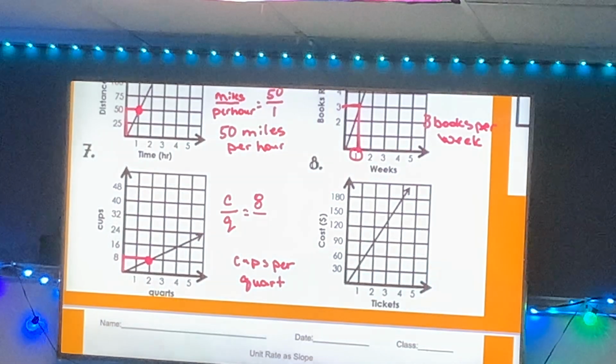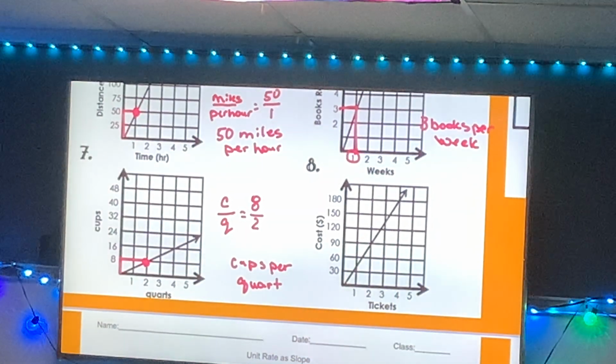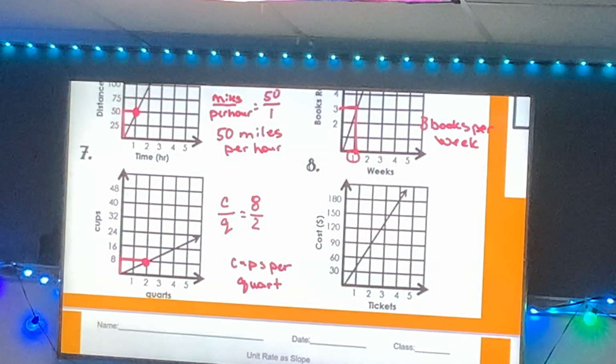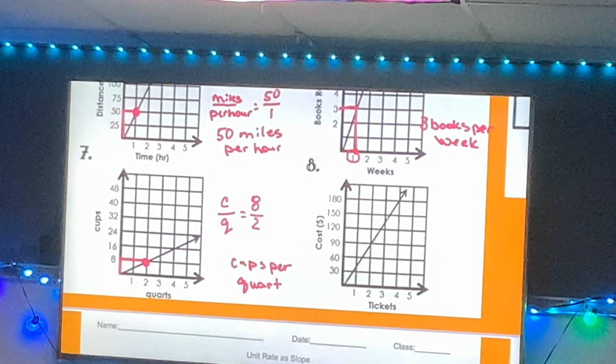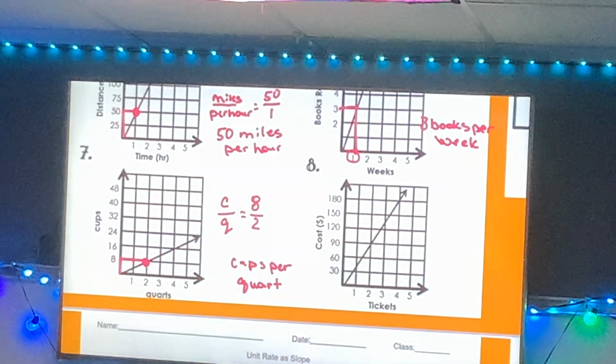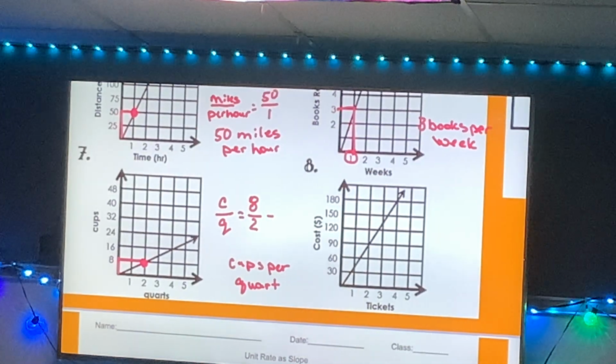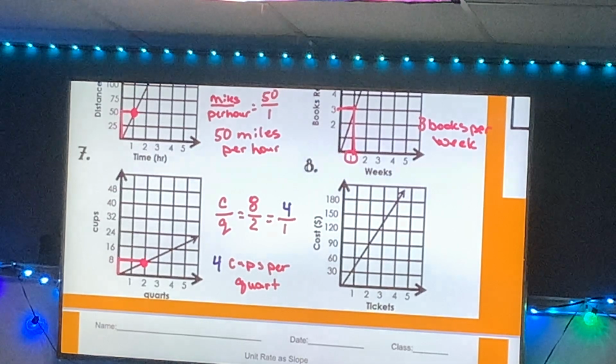How many did I run? 2 quarts. Do you see how to read that? I want you to start reading it like that because when you have a graph, they're going to put the answers in word problems. So, how many is it per quart? 4. 4 cups per quart.